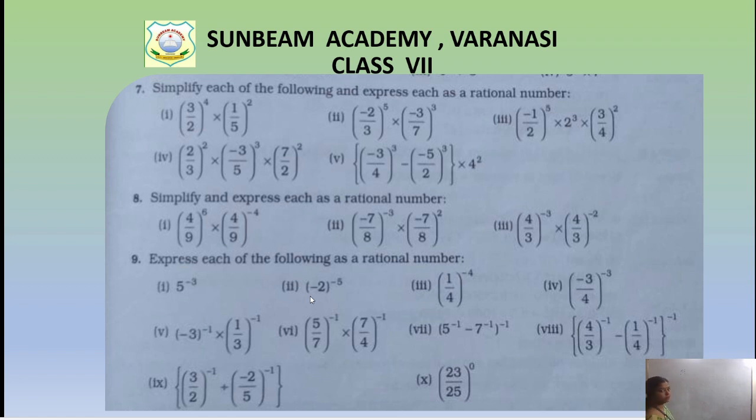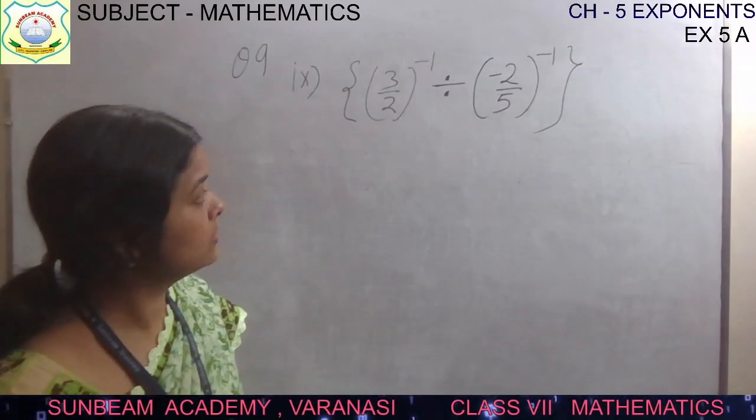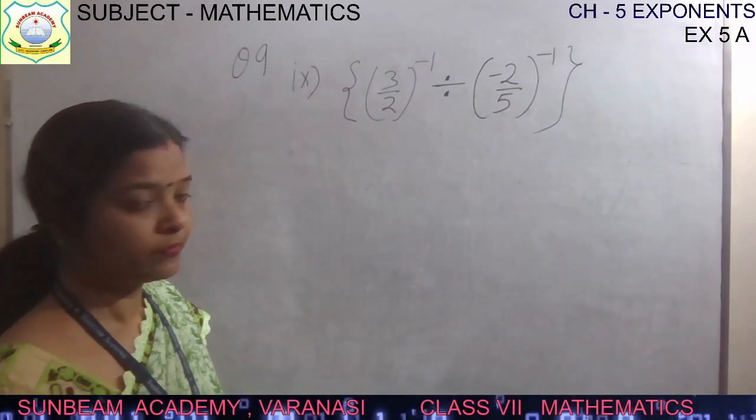Question number 9: 3 by 2 to the power minus 1, divided by minus 2 by 5 to the power minus 1, all inside the brackets. Check the question first and then start.